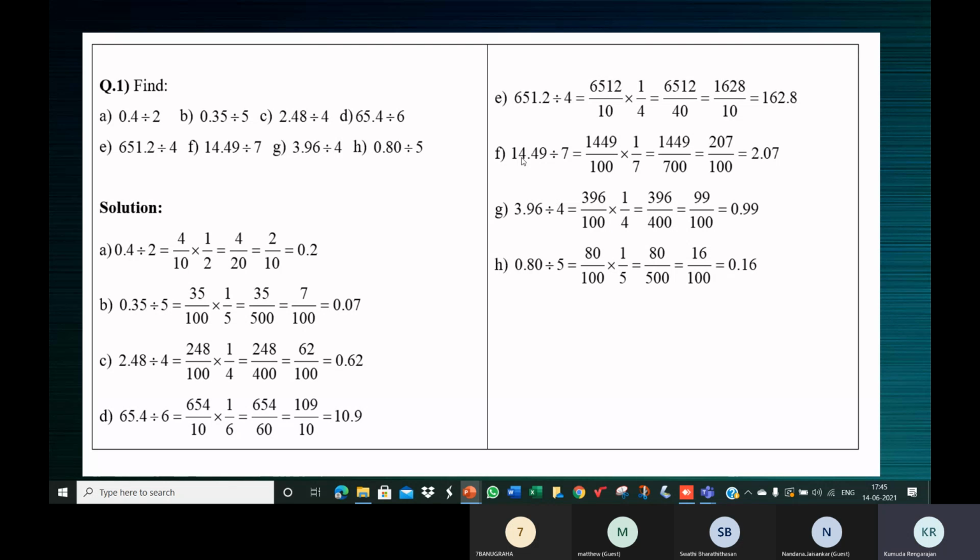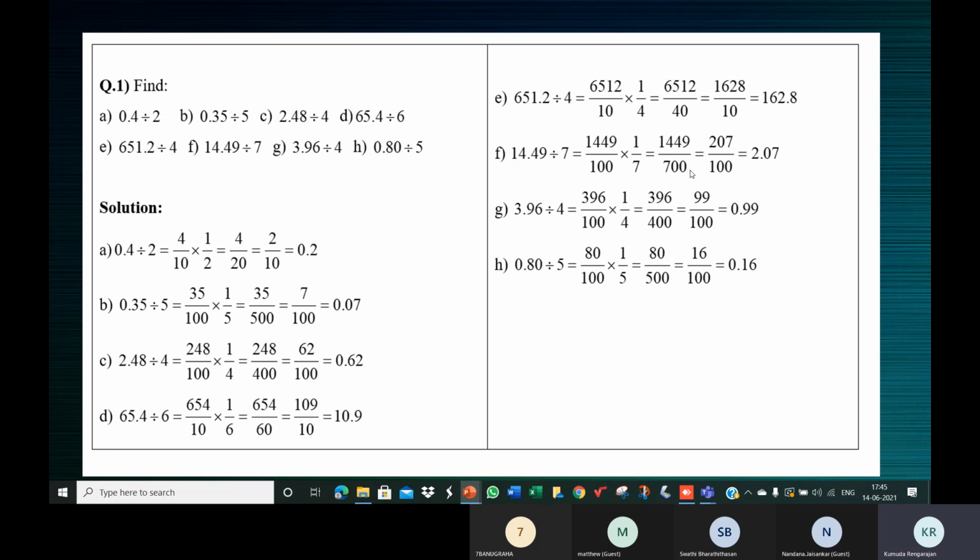Let's just take another one, maybe F. So 14.49 is written as 1449 divided by 100. Division becomes multiplication. 7 by 1 is written as 1 by 7. Then multiply the numerators, you can see it here, and multiply the denominators.